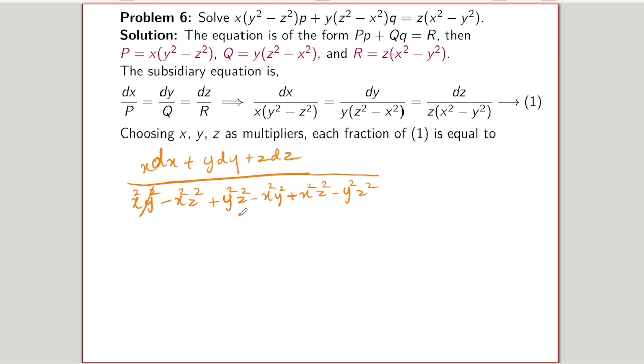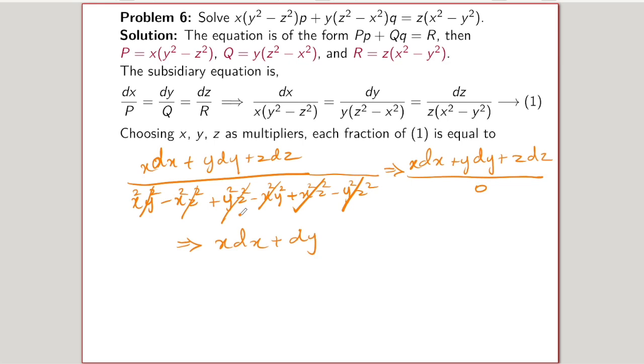So this term and this term will get cancelled. This one and this one will get cancelled. This one and this one will get cancelled. So I am getting x dx plus y dy plus z dz divided by 0. So this implies I can write the numerator is equal to 0.